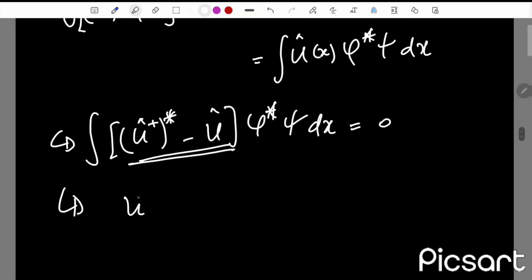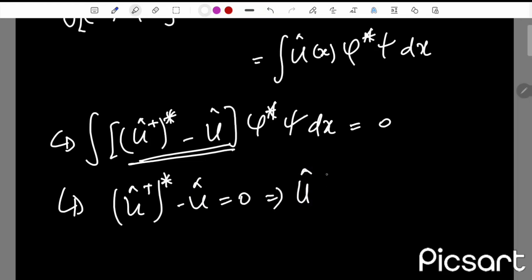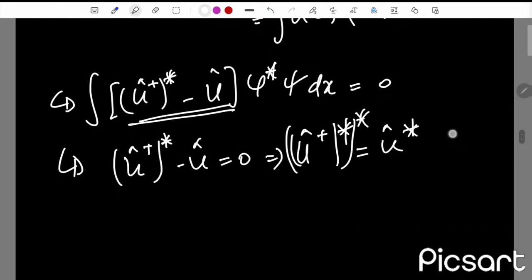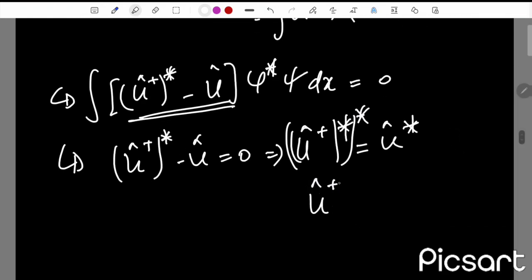And now we get that u dagger complex conjugate minus u is equal to 0, and then we have now u dagger complex conjugate has equal to u, and here we take again the complex conjugate, and here we must also take the complex conjugate, and then we write here u dagger is equal to u complex conjugate.